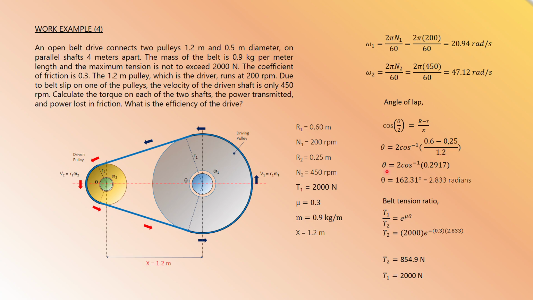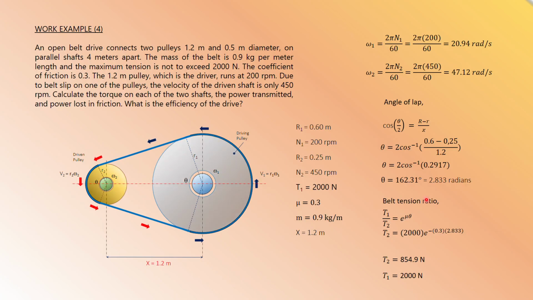So you have your theta, the angle of wrap, of 162.31 degrees, which is equivalent to 2.833 radians. Then, from the belt tension ratio, all this while we have only been looking at the belt tension ratio. Okay, I think that is another mistake that I've made here.